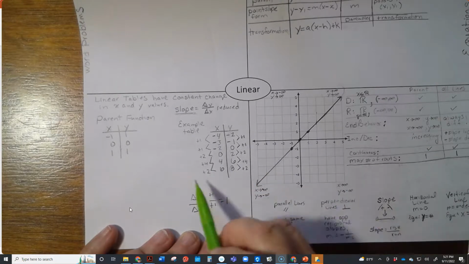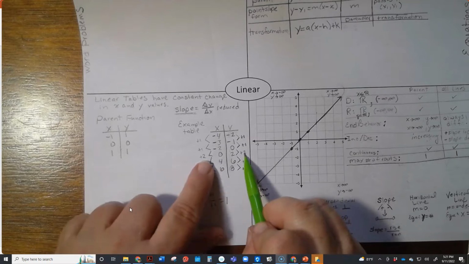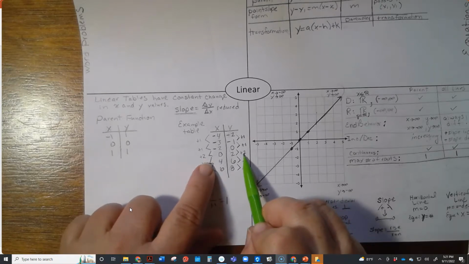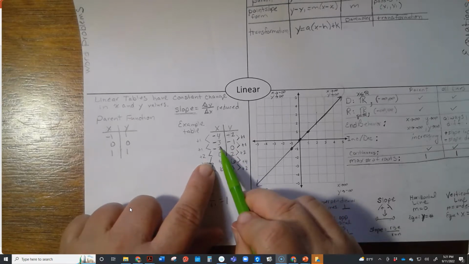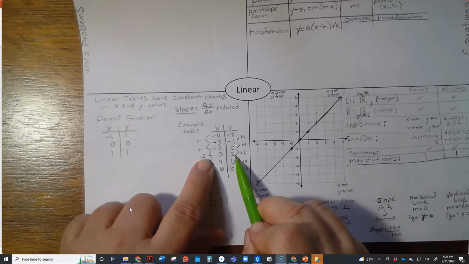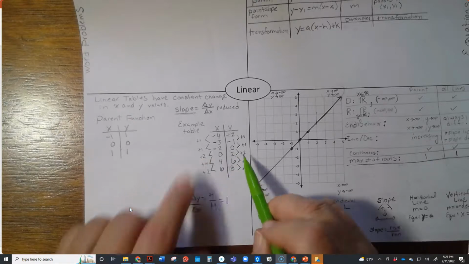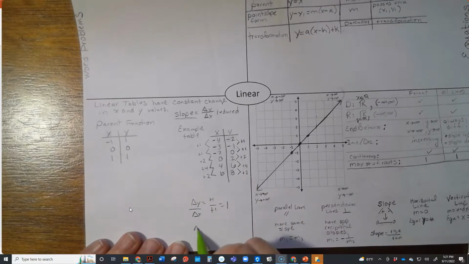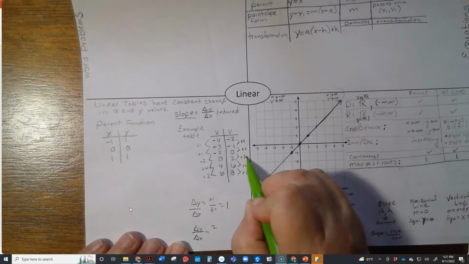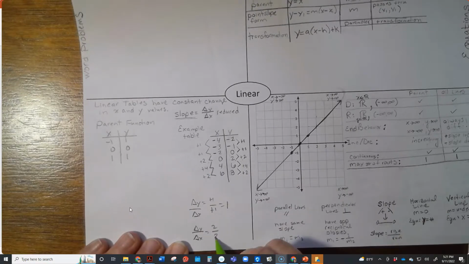So if I write down a change of 2 on this side over a change of 2 on that side, that reduces down to 1.